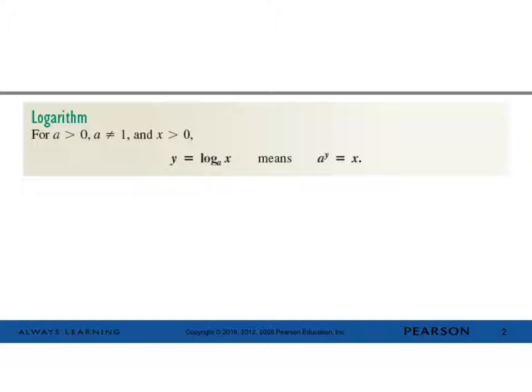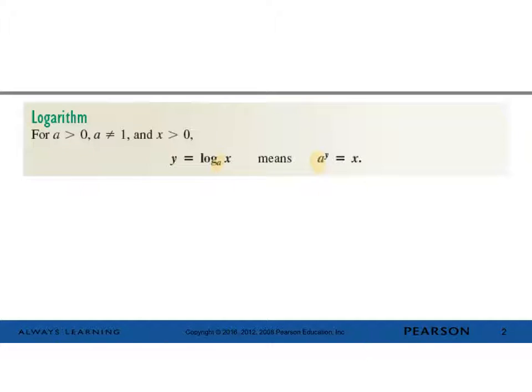So the definition of a logarithm says simply that if you have a logarithm to base a, and notice here that the base in the logarithm is the same as the base of an exponential expression, the logarithm answers the question: what power can you raise a to that will give you the value of x?